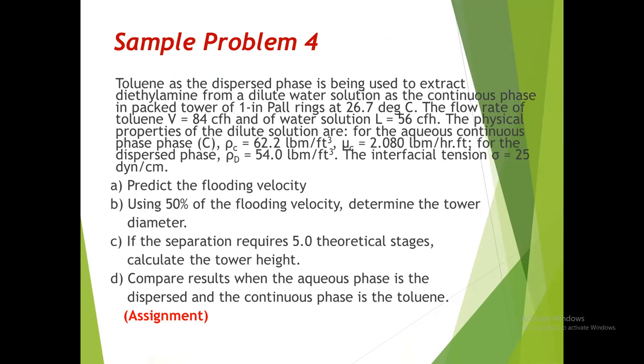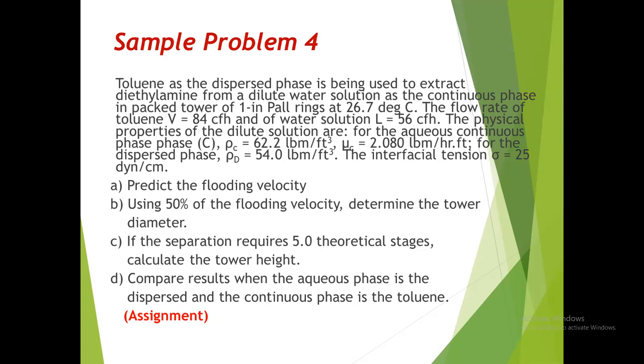Toluene, your organic solvent, is the dispersed phase, and your diethylamine in water is your continuous phase. Your packed tower uses 1-inch Pall rings and is at a temperature of 26.7 degrees Celsius. The flow rate of toluene, V, so notice it's V because we represent the solvent as V, is 84 cubic feet per hour. And that of the water solution, referring to our feed, is 56 cubic feet per hour.